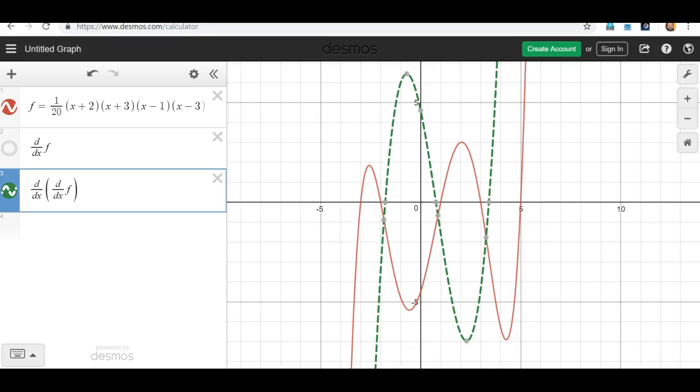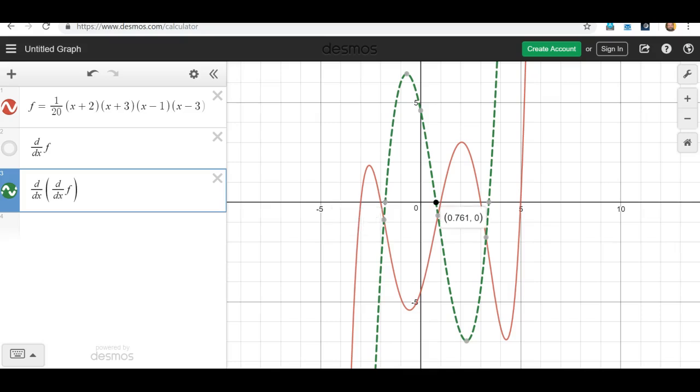So like at this value of the second derivative, right, that's where the concavity is shifting. The concavity, let's turn that one off. The concavity is shifting when x is negative 1.772.